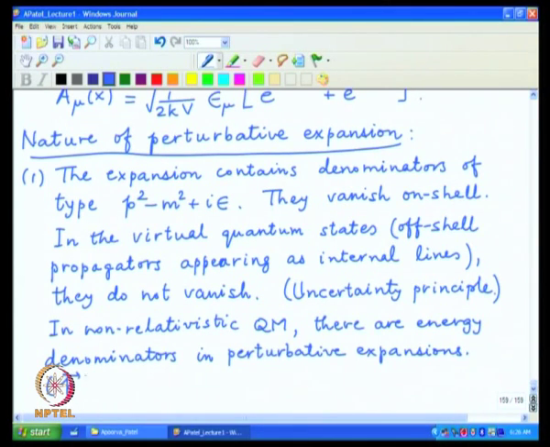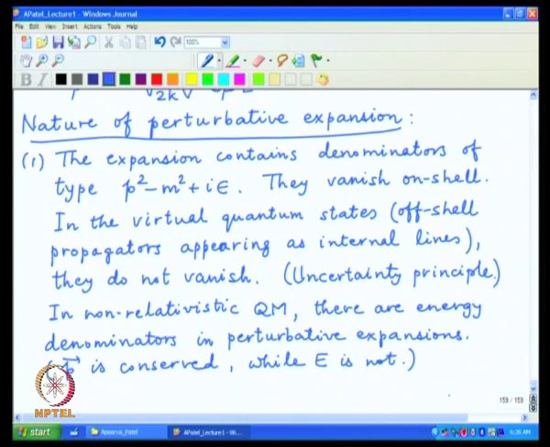So, the P is conserved while E is not. Here the in the relativistic case, we have already conserved the momentum at every vertex.